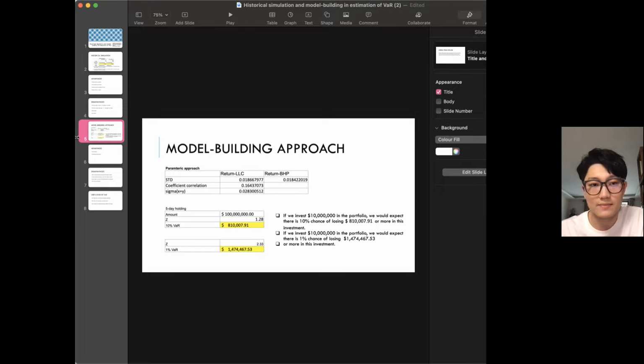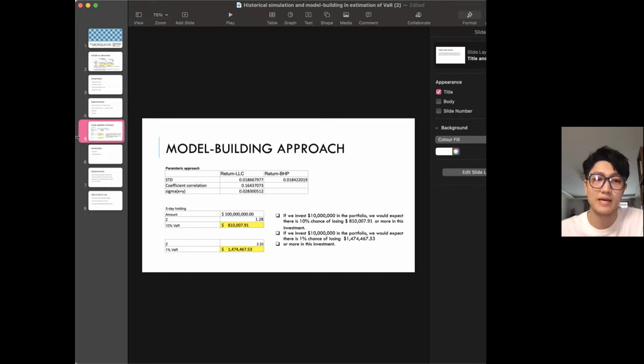The interpretation is if we invest 10 million in the portfolio, we would expect there's a 10% chance of losing about 810,000 or more in this investment, which is higher than the historical simulation.